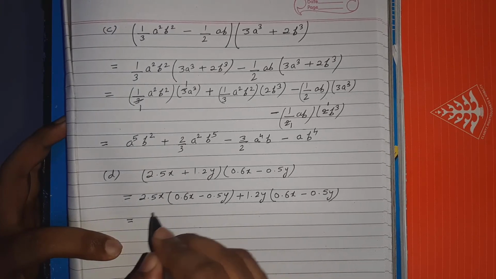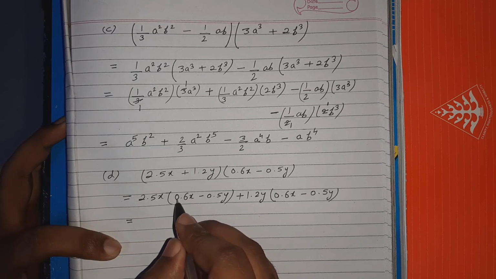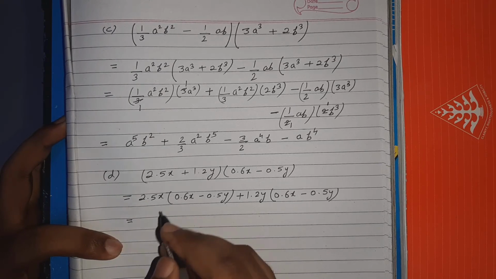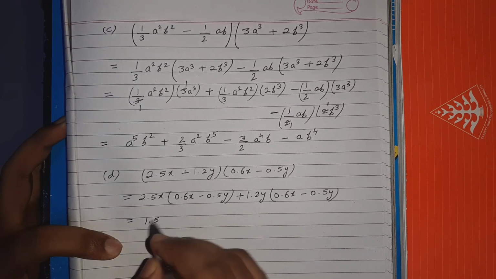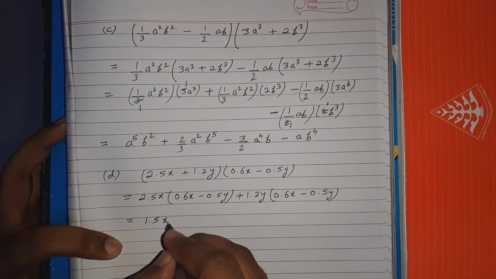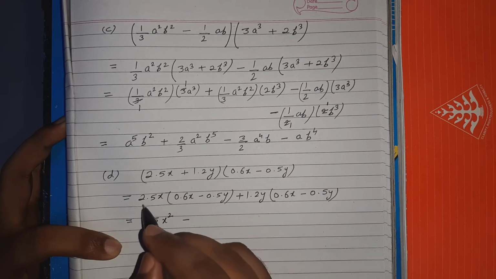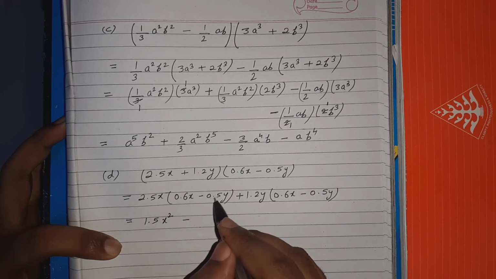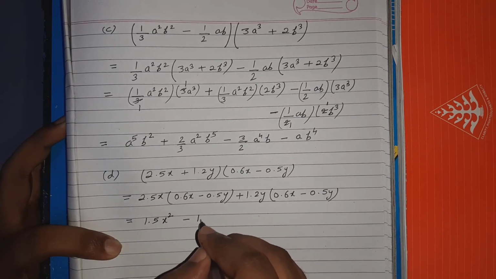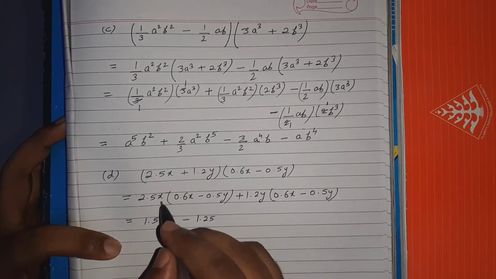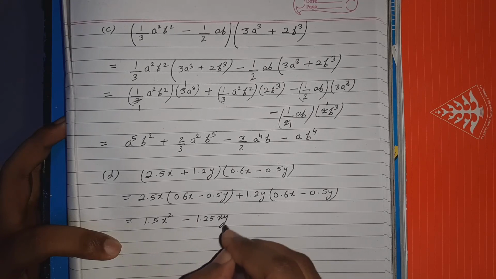So 2.5 multiply 0.6, it will be 1.5. And x multiply x, it will be x square. Minus 2.5 multiply 0.5, so it will be 1.25, and x multiply y is xy.